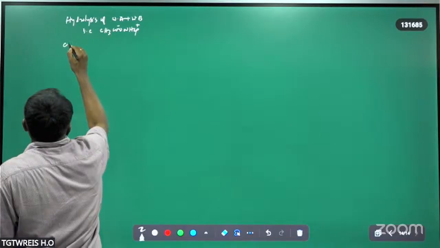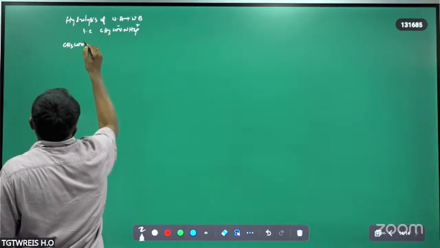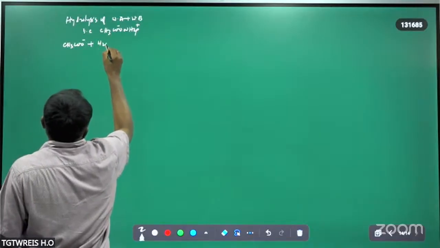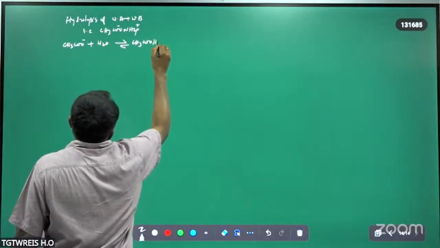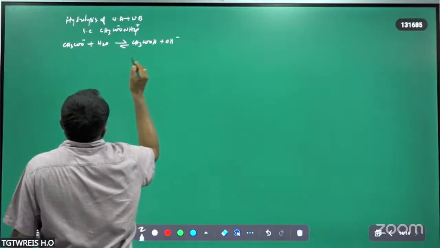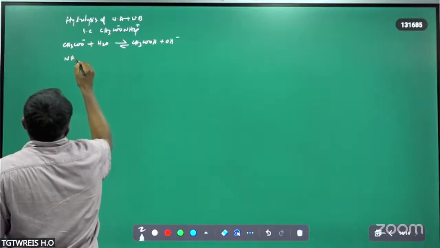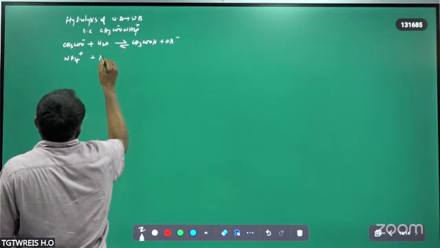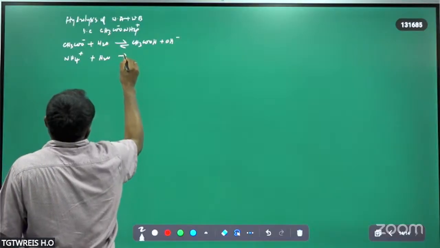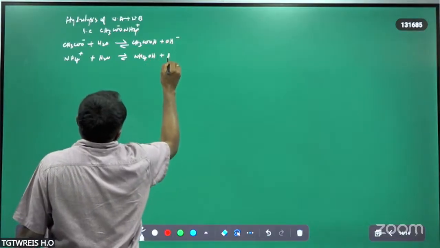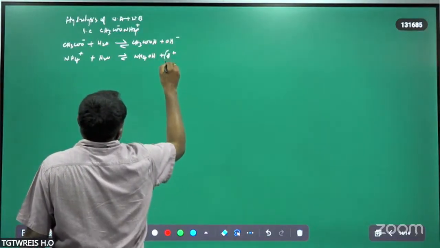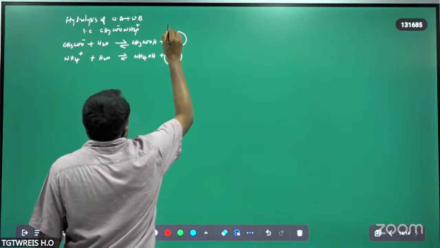First, CH3COO minus plus water gives CH3COOH plus OH minus. Similarly, NH4 plus plus water gives NH4OH plus H plus. So both H plus and OH minus are formed.